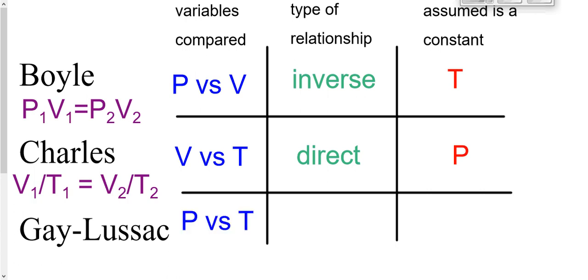The last of our three gas laws, Gay-Lussac's law, compared the relationship between pressure and temperature. Pressure and temperature also have a direct relationship. If I increase the temperature that a gas is stored in, those particles will put more pressure on the container that is holding it.